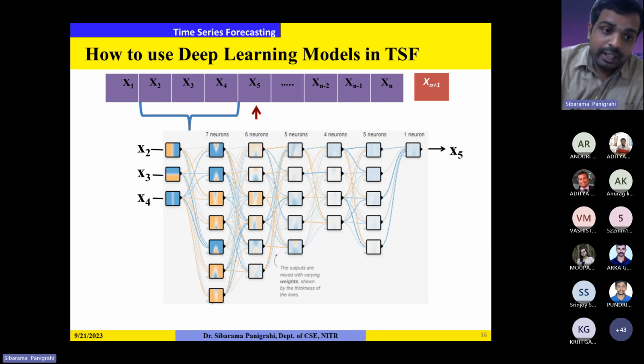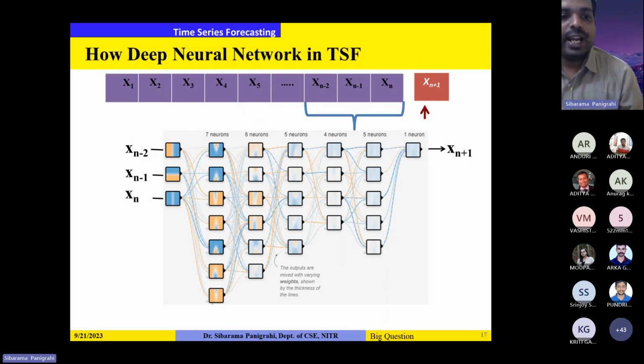So after converting the time series x1 to xn into input-target patterns, I can determine the optimal architecture and other hyperparameters of the deep learning model. Then if I give xn-2, xn-1 and xn as input, whatever I get as output will denote the xn+1 value.